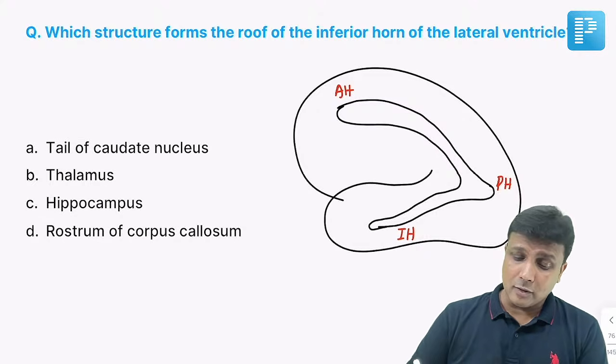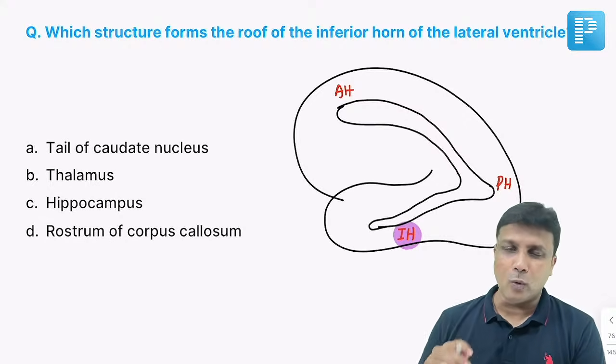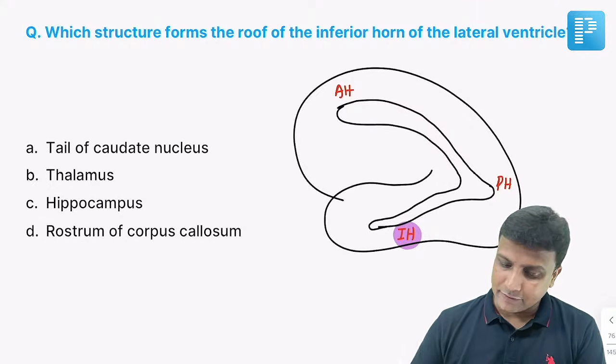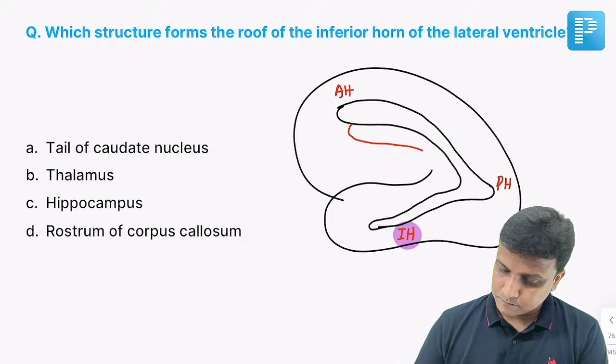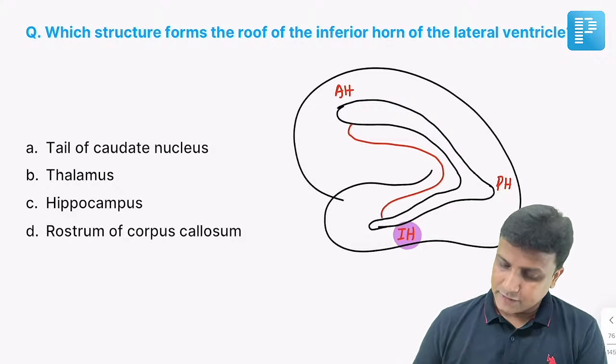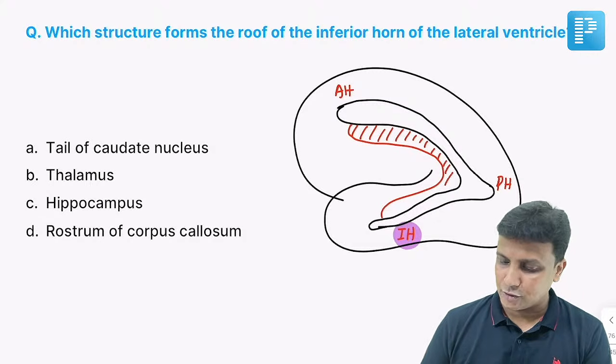Now they are asking here, what is going to form the roof of this one? Just remember one diagram here, I'll tell you. There will be a caudate nucleus present here. The C-shaped or comma-shaped caudate nucleus will be present over here like this. That's all, you're done.